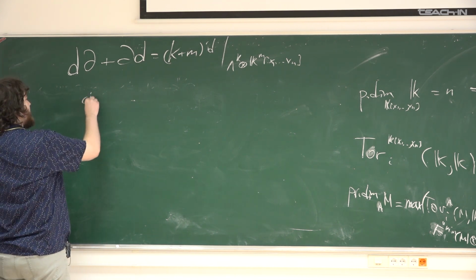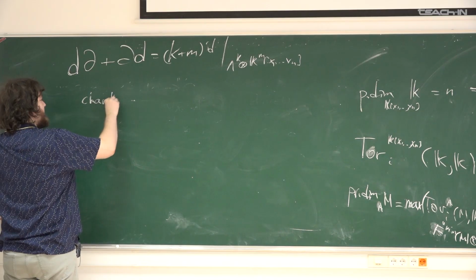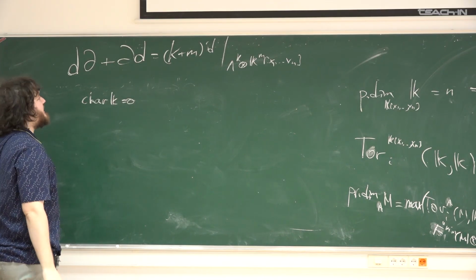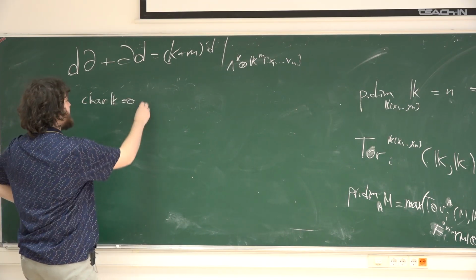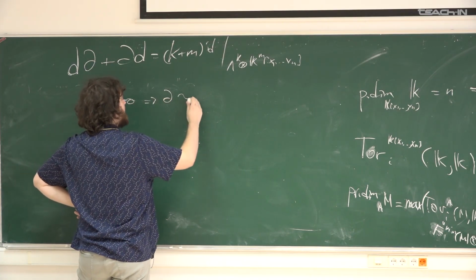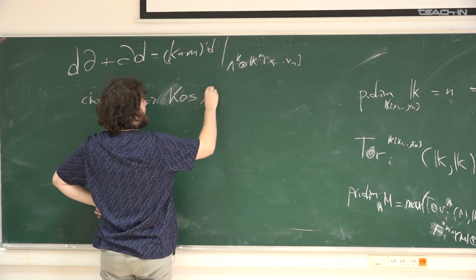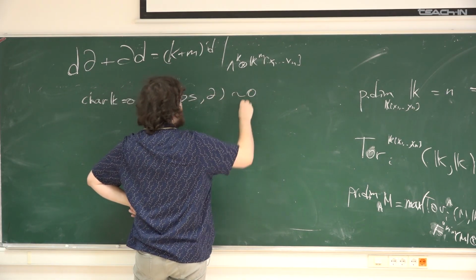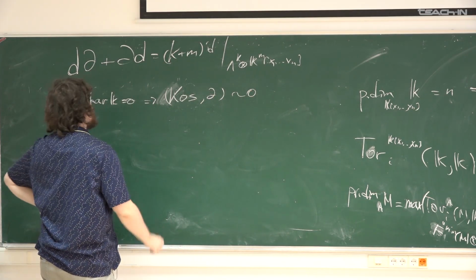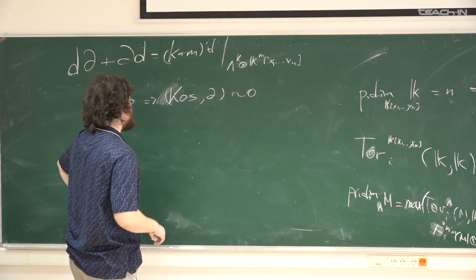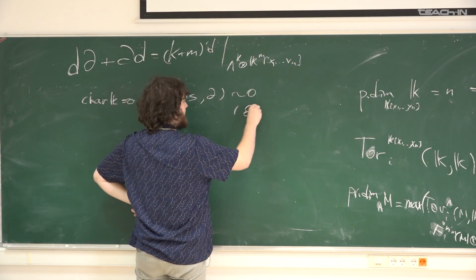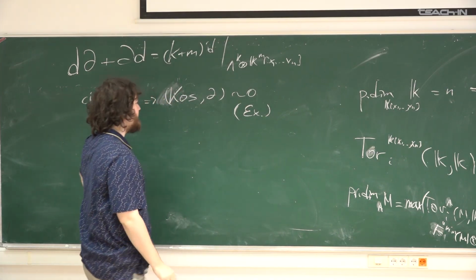So if the characteristic of k is 0, I can divide by some elements. I have to do this normalization, and I obtain that d is a homotopy, so the Koszul resolution with the Koszul differential is contractible. It's an exercise that in fact it's contractible for any ring. It's also not a very hard observation.